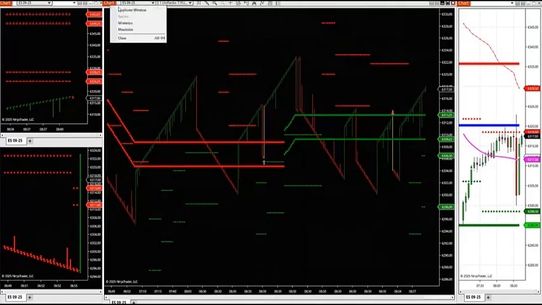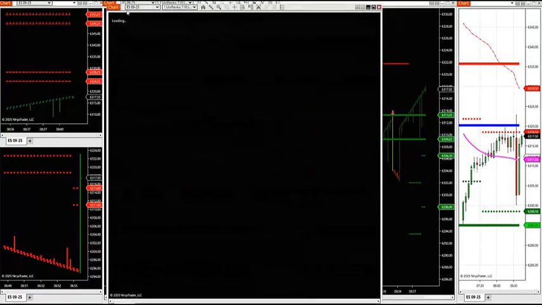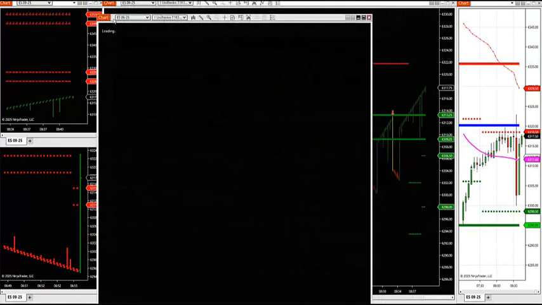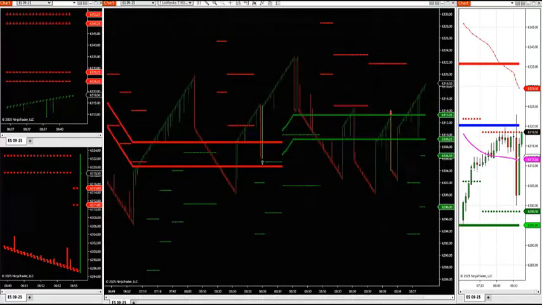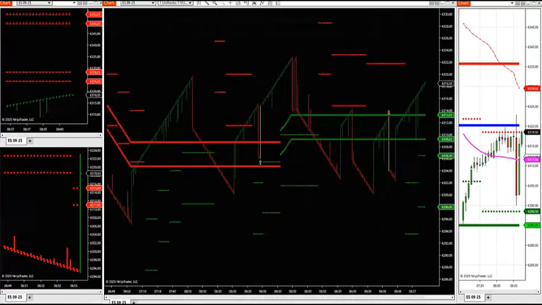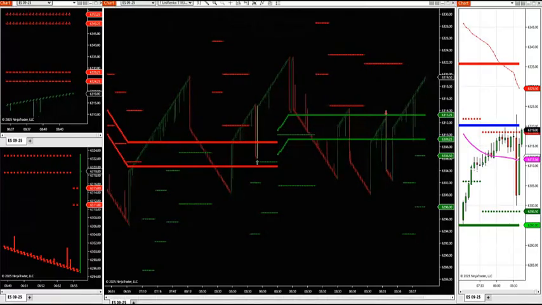Let me show you here real quick. To be clear, the yellow trigger will come in inside of the 30-year backtested zone.